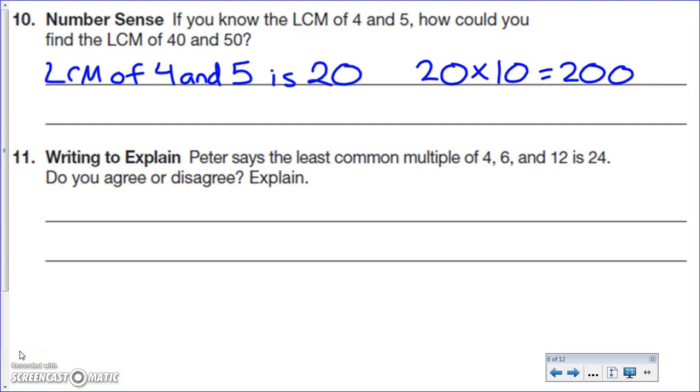For 11, we have writing to explain. Peter says the least common multiple of 4, 6, and 12 is 24. Do you agree or disagree? Explain. Well, the first thing we have to do is check his math. So we need to write out the multiples of 4, 6, and 12 to find the first number that shows up on all three lists.